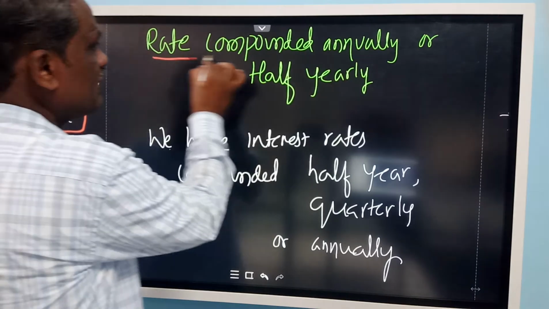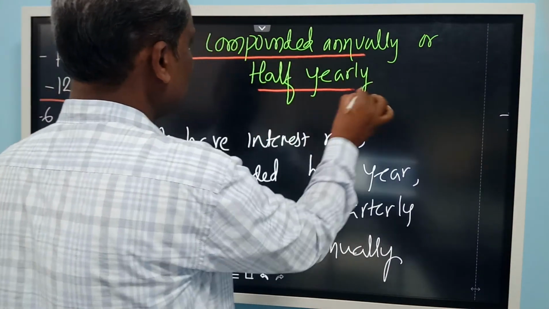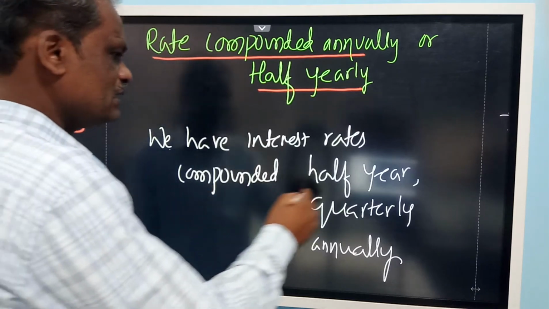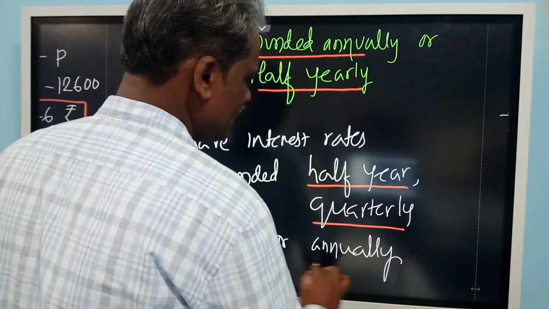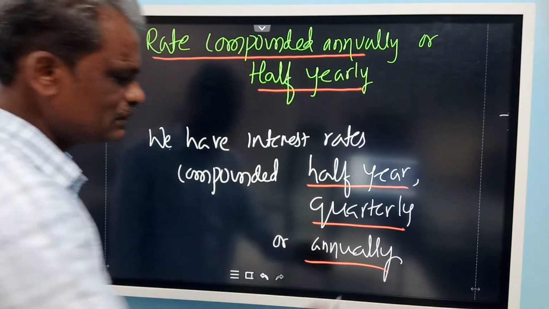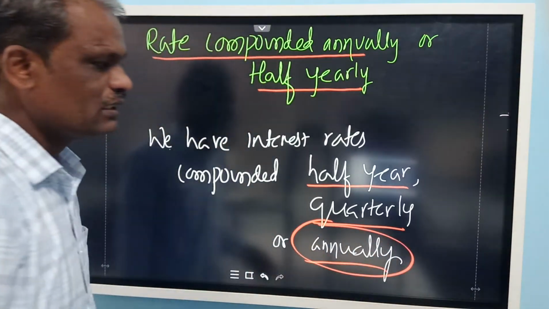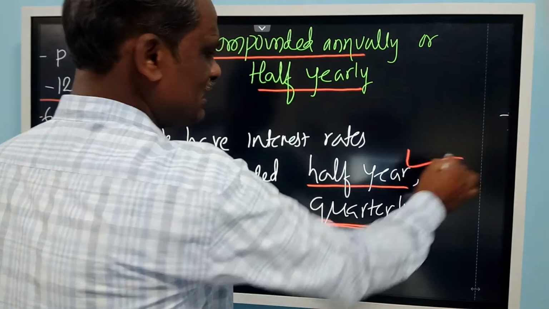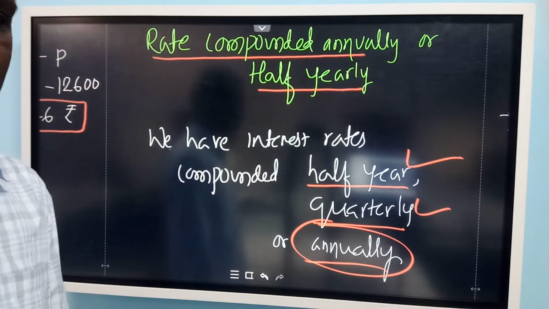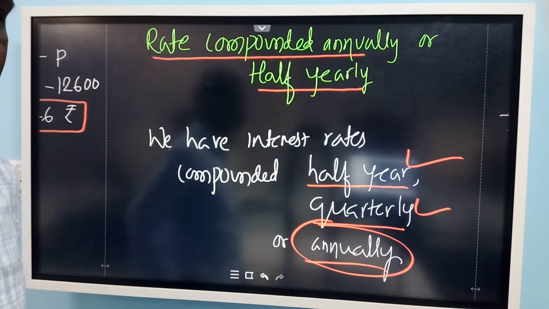Rate compounded annually or half yearly. You can calculate the interest either half yearly, quarterly or annually. What we did in the previous example was the annual calculation. Sometimes half yearly calculations will be there. Quarterly means how many months? 3 months.